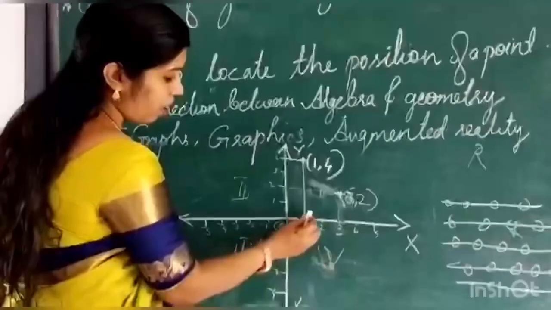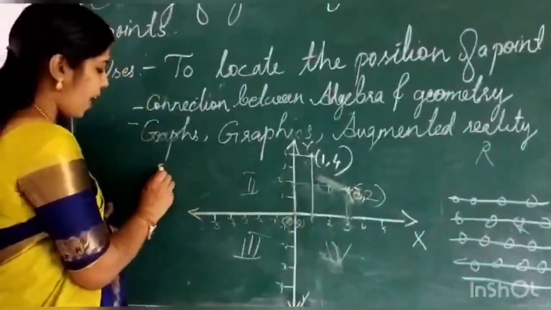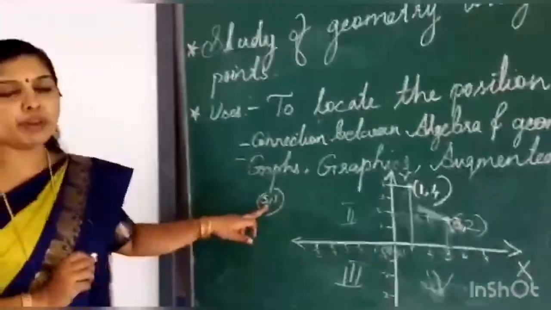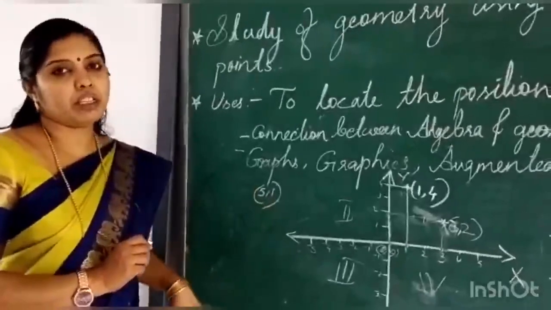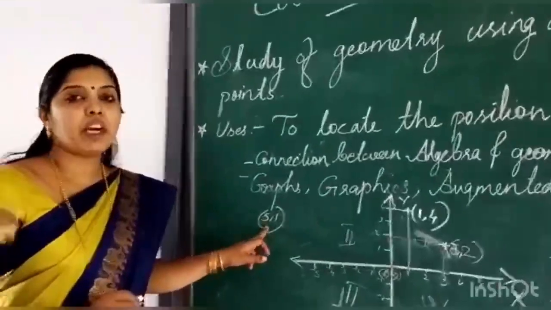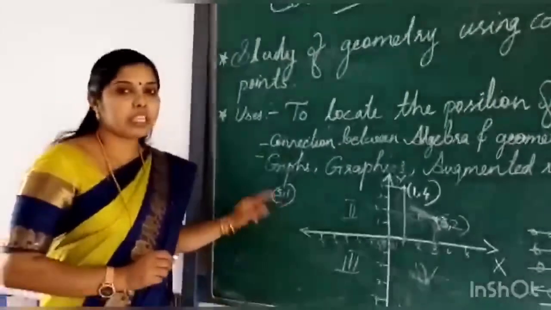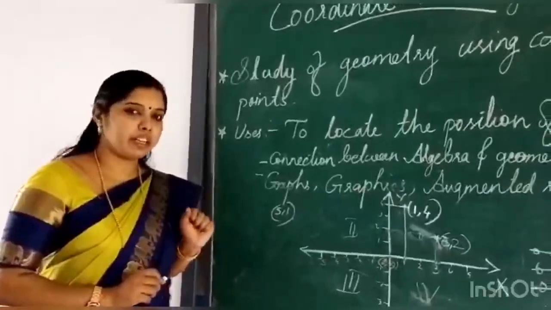Now, let us take any numbers, like 5. A point is given to you as (5, 1). Then where will we locate this? Just by seeing this expression (5, 1), you can easily understand where it lies.